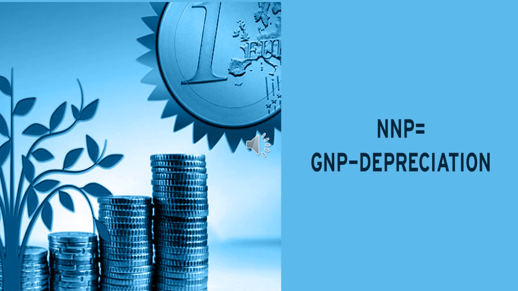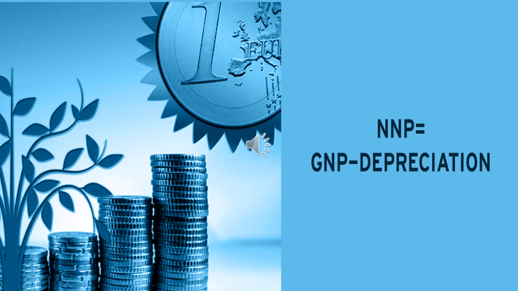So net national product is arrived at by making an adjustment: deducting the value of depreciation from GNP. NNP is nothing but GNP minus depreciation. How do you obtain net national product?